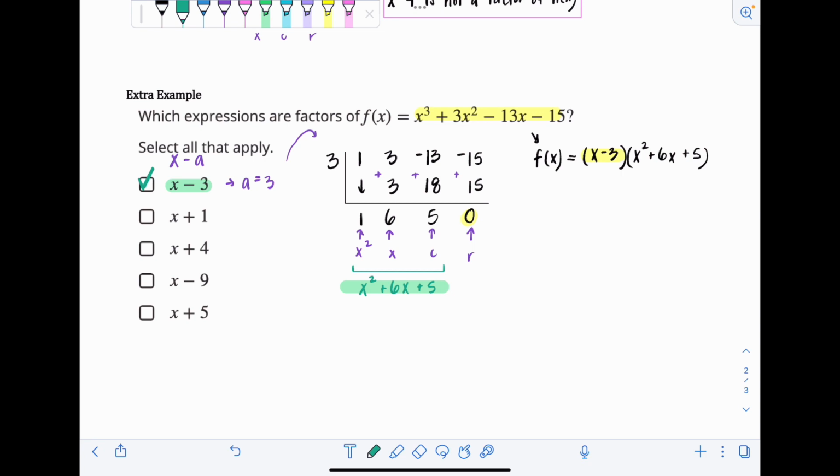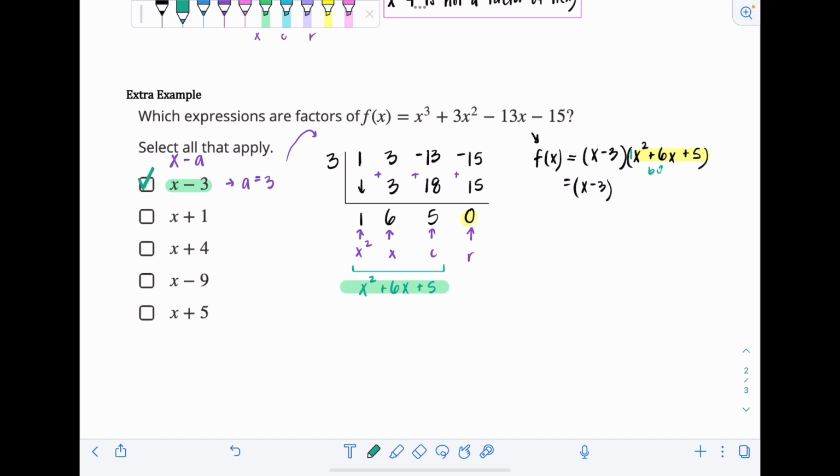And then now, something like this, x squared plus 6x plus 5, we can just factor using the factoring method. So if I just kept factoring this problem, this is an x minus 3, just bring that down. And then this lead coefficient is 1.